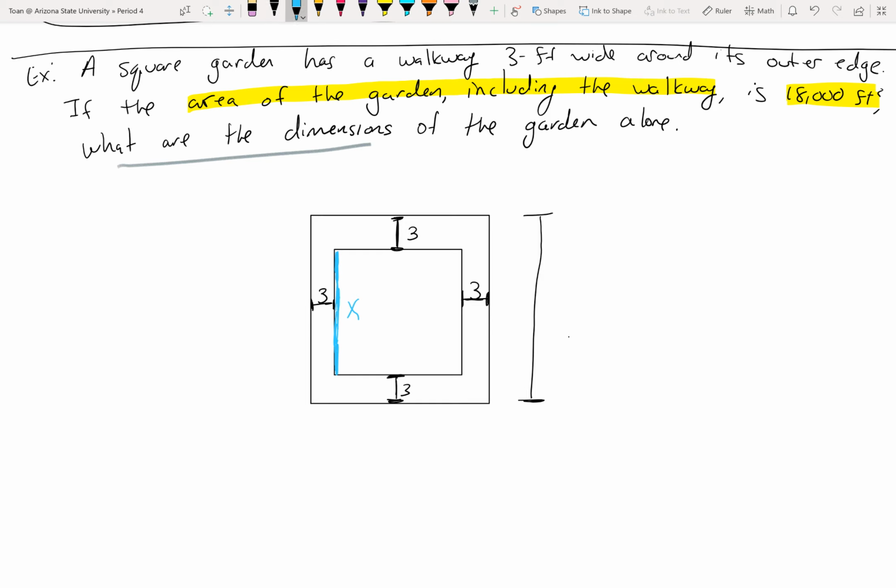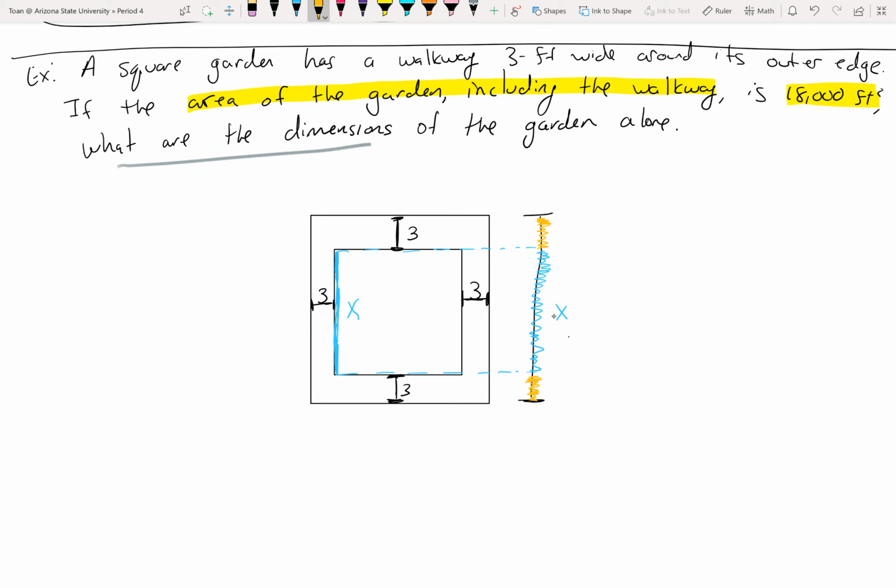Well, if you take a look at your diagram, I hope we can see that this portion right here that I'm highlighting, that's my variable x. You just look at it. That's x. So to figure out the whole length here, I need to know what this length is, and I need to know what this length is, the green.